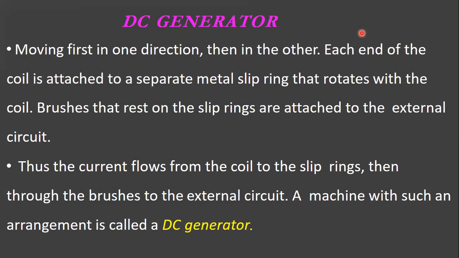Another important advantage of AC over DC is that electric power can be transmitted over long distances without much loss of energy. These are some differences between the direct current and the alternating current.